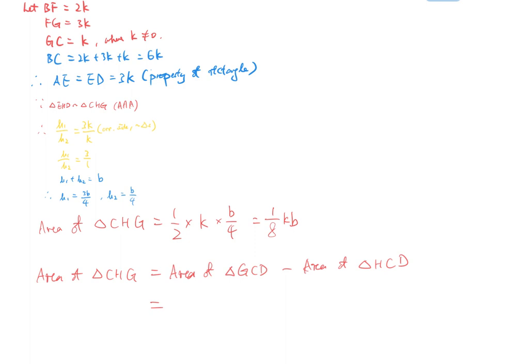For the area of triangle GCD, it should be 1/2 times KB.